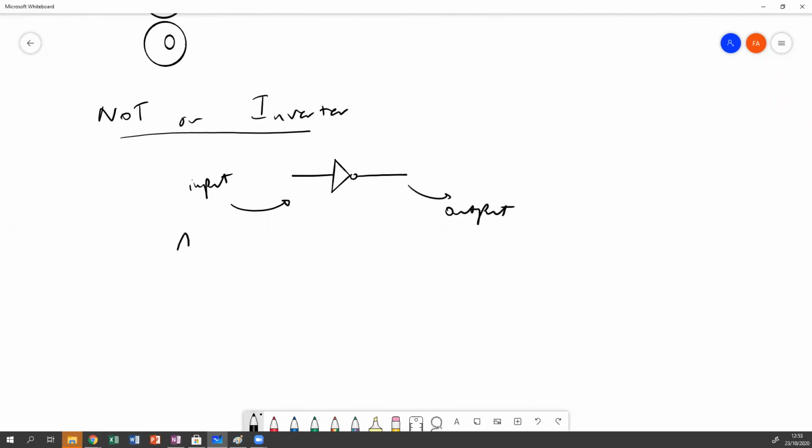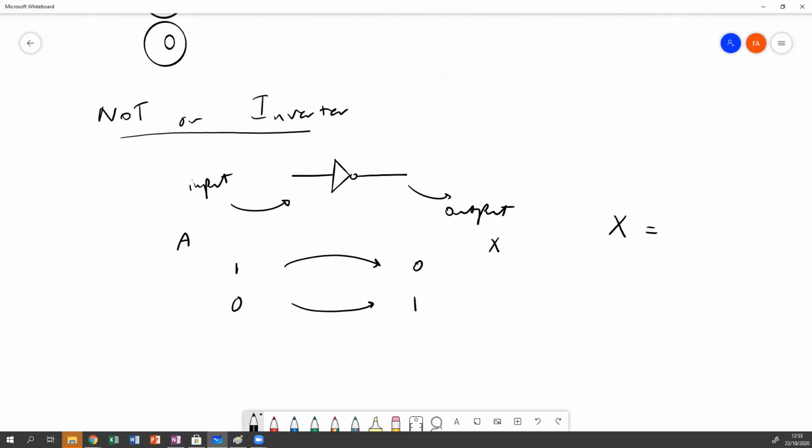Input can be A, output can be X. If you have input 1, it inverts that and makes it 0. If you have input 0, it flips that and makes it 1. So the output is the inverse or opposite of whatever you have as A.